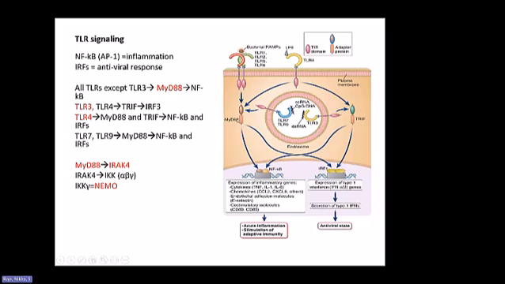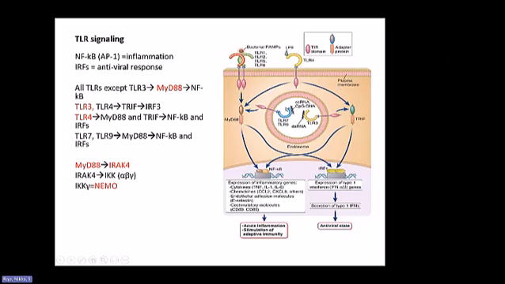All TLRs except for TLR3 can go through MyD88. TLR3 only goes through TRAF, and then results in antiviral state, producing IRF3 particularly. Both TLR3 and 4 go through TRIF. So TLR4 can go to MyD88 or TRIF.